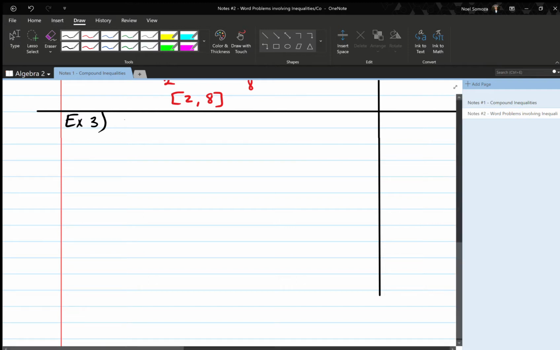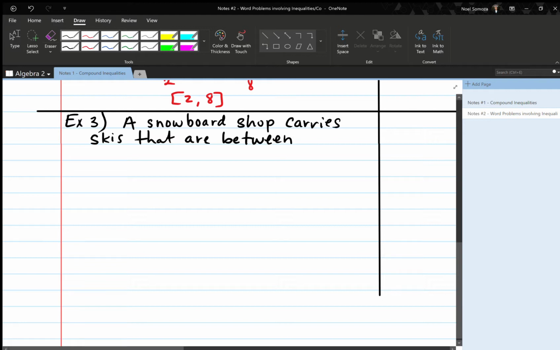Okay, so a snowboard shop carries skis, and there are different rules for skis than for snowboards. They carry skis that are between 150 centimeters and 220 centimeters long.